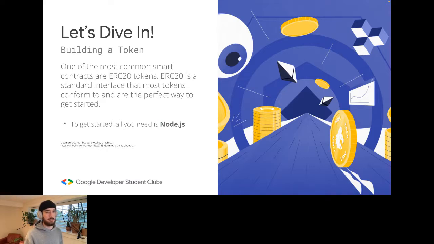There's also ERC721, which is a common NFT token interface, and ERC1155, which is another NFT type. But we're just going to go through building an ERC20 token. It's pretty much the standard. We're not going to do anything super fancy, but it'll give you an idea of what you can modify so you can adjust it to be your own.